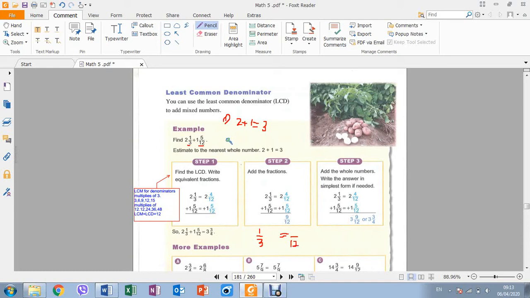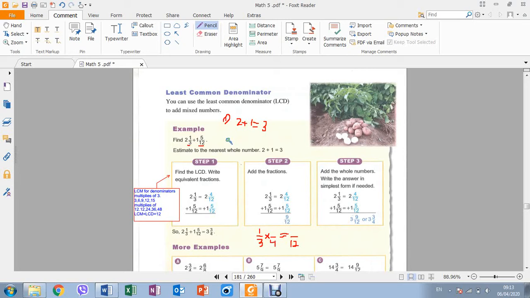So multiply 3 by a number to equal 12. 3 multiply 4.